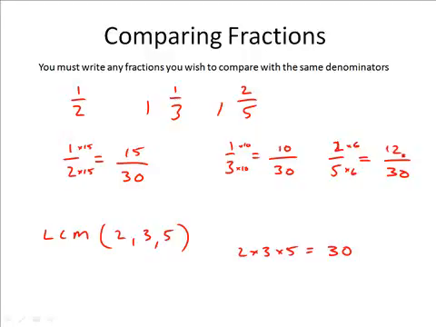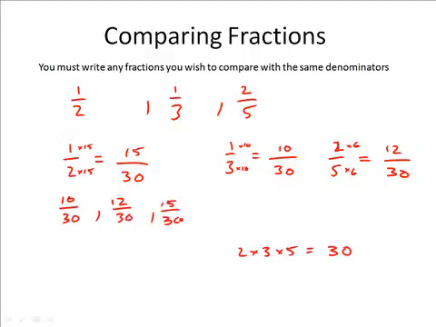And then quite clearly, you can see from that what the order is. If we were asked to put this in ascending order, smallest to biggest, it would be 10/30ths, 12/30ths and 15/30ths. If you were actually asked to put those fractions in ascending order, you'd need to go back and write the original fractions.